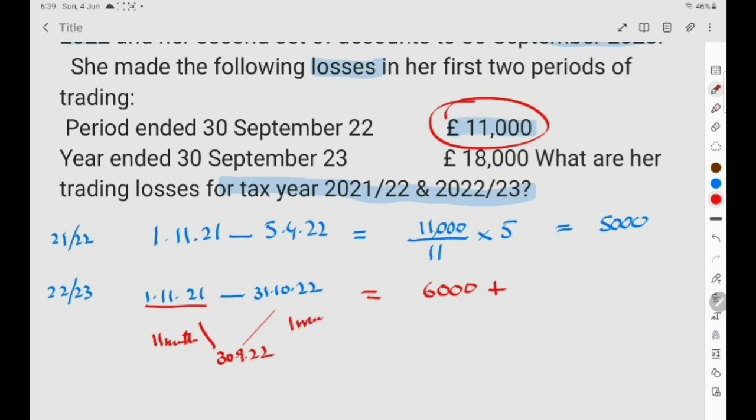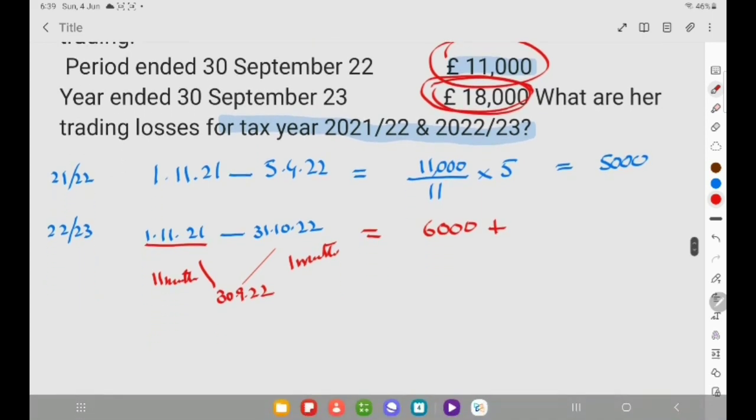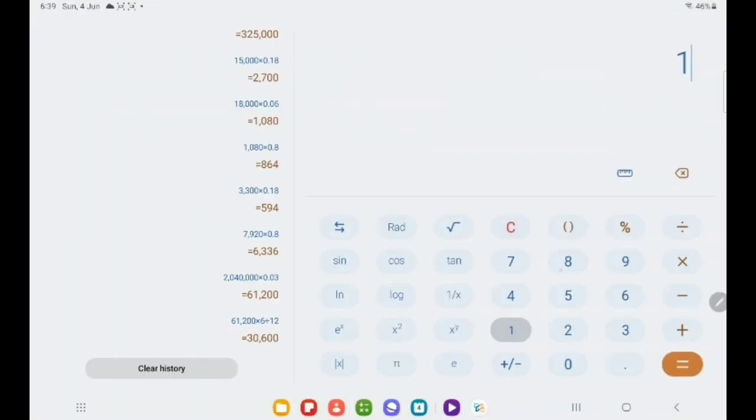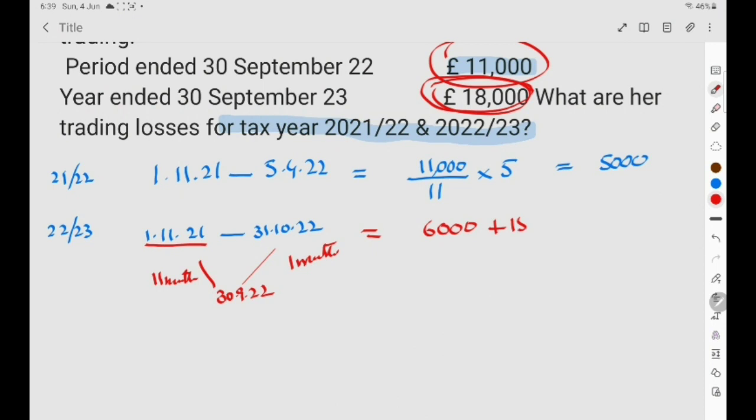So we have to consider what loss we have suffered in this 1 month period. In the next year, losses are 18,000. So if 18,000 is a loss of whole year, what is the loss for 1 month? It is 1500. So 1500 would be considered, and in the second tax year the loss would be 7500.